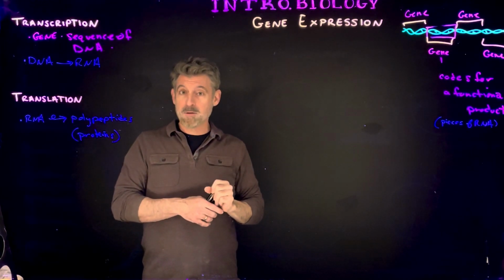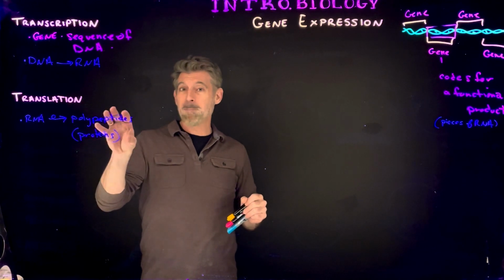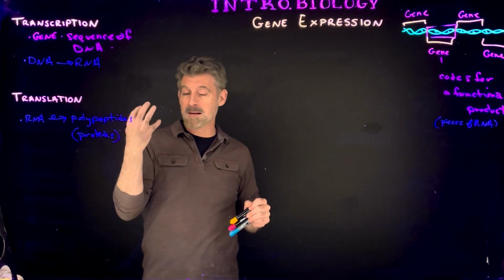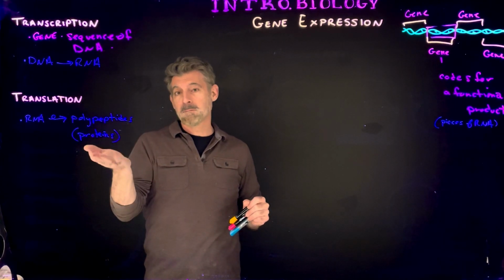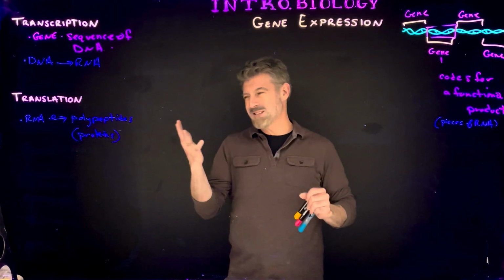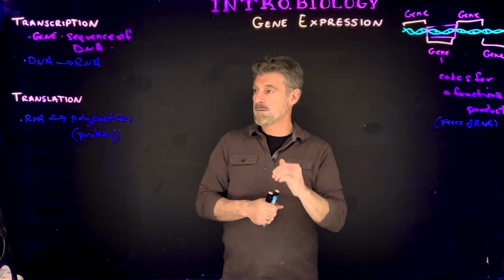The polypeptide is structural, and generally they can have the same overall structure, but if some part of the structure is missing or not folded correctly, it has no function. If there's no function, it's a polypeptide. If it has one, then it's the protein. So it's very slight definitions, but there is a difference.